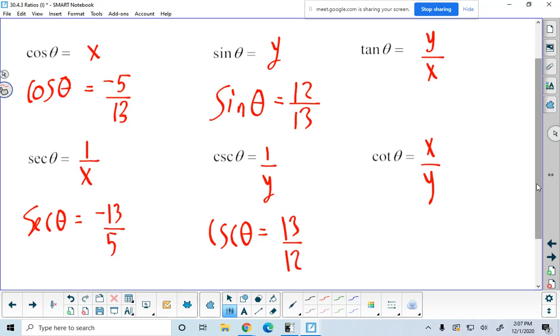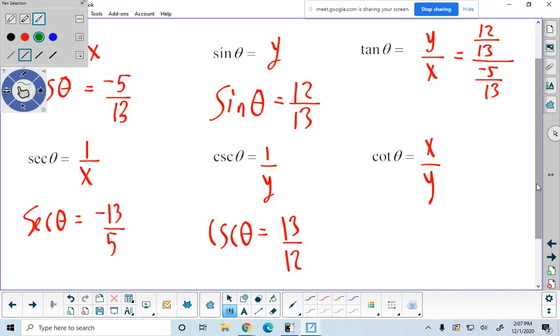Now, tangent is going to require a bit of work because we have to take the y coordinate, 12/13, divide by the x coordinate, negative 5/13, and that gives us a complex fraction. What do I mean by that? I mean it's got numerators and denominators within the numerators and denominators.